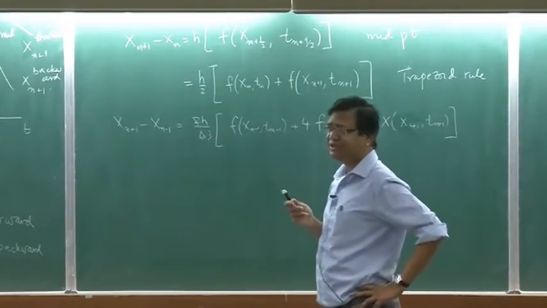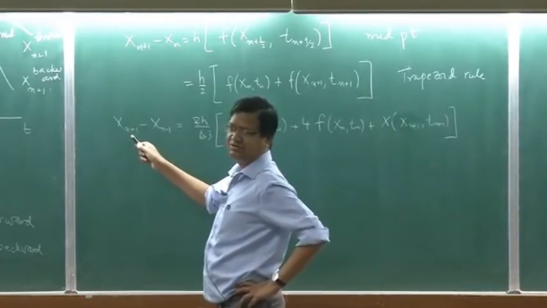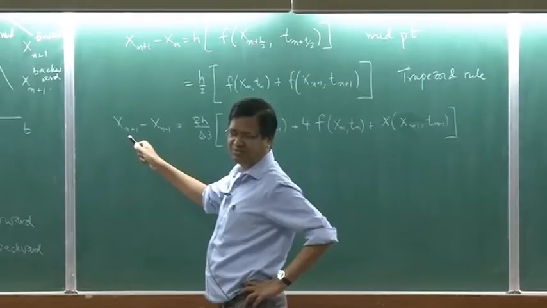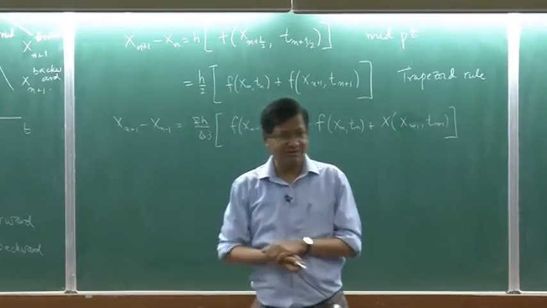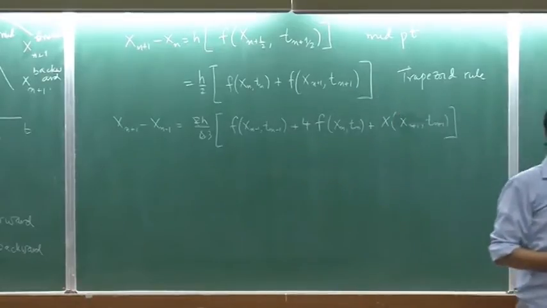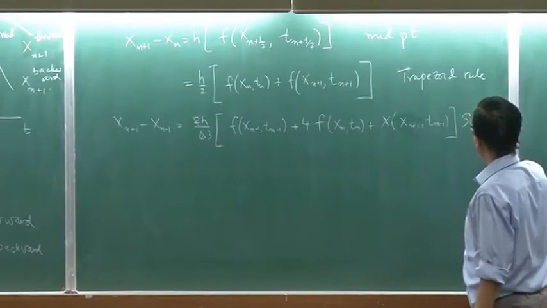There is one issue here, that I am jumping from n minus 1 to n plus 1, not from n to n plus 1. So this method has issues; it's more accurate, but the problem is that I am making 2 jumps. One has to be careful with this scheme, but this is Simpson.